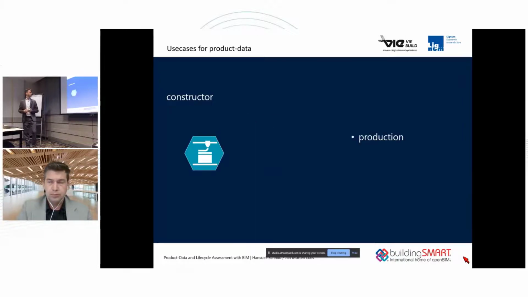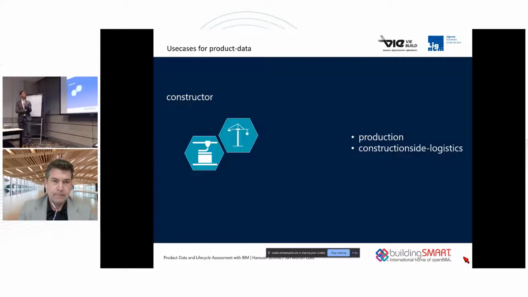The constructor, on the other hand, might want to know how to customize products for a specific use case. Like we heard from Dirk Hessekamp about construction logistics for specific products. What kind of dimensions do I have on the construction site? How can I transport it on site? How can I deliver it?